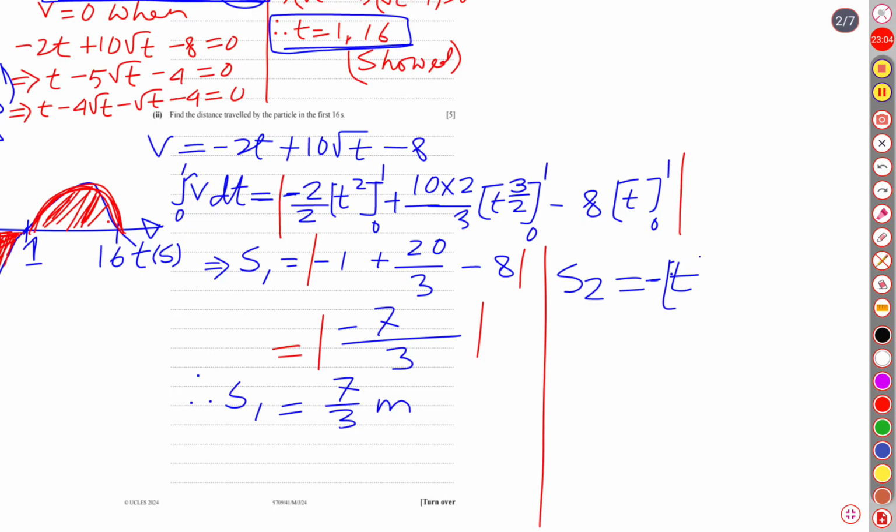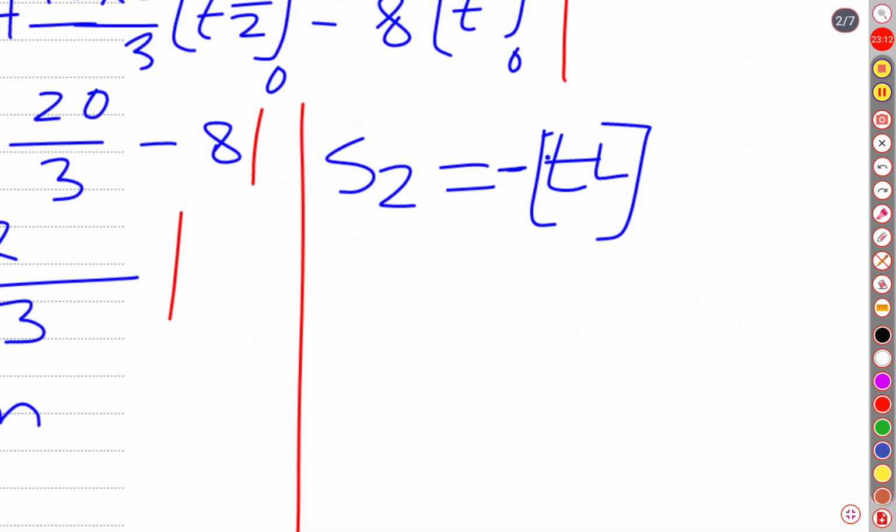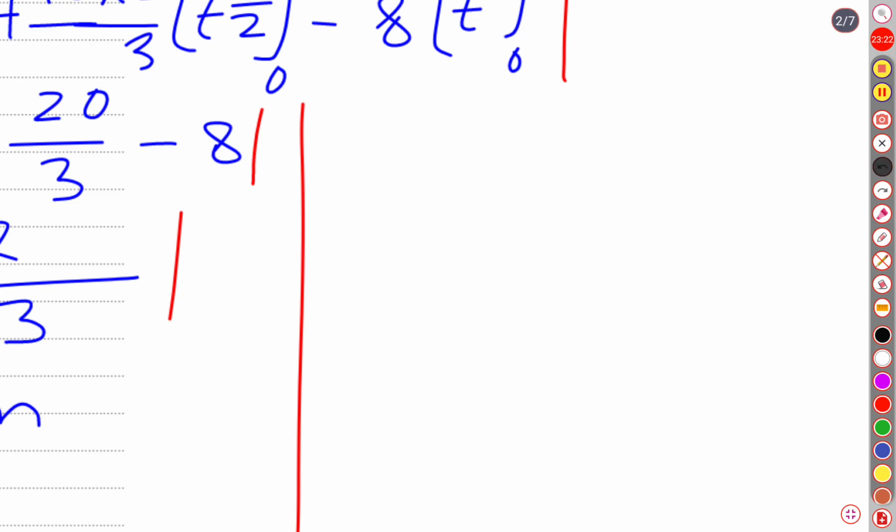I will have to zoom it out. Yes, so S2 is equal to negative t square.